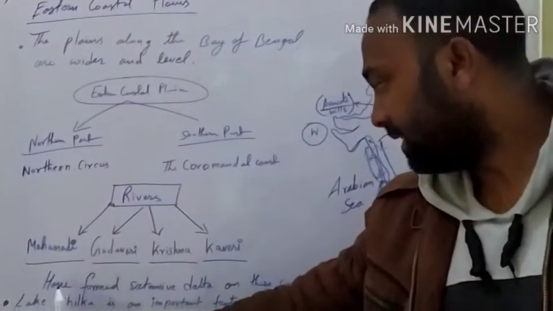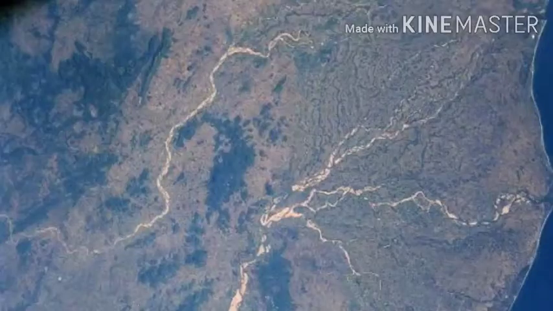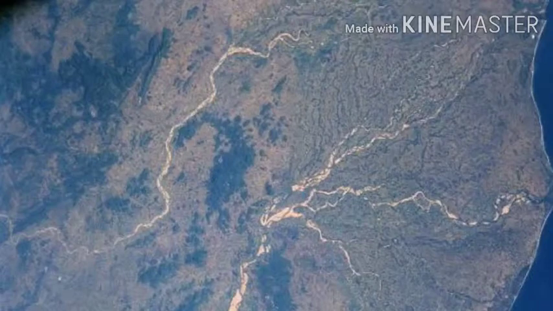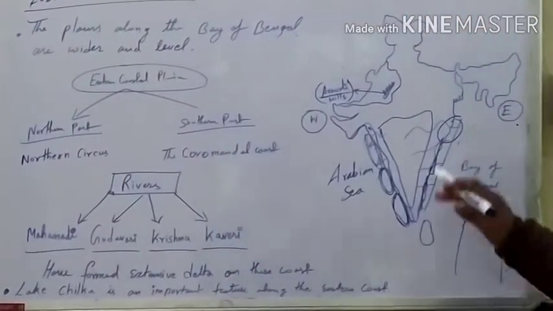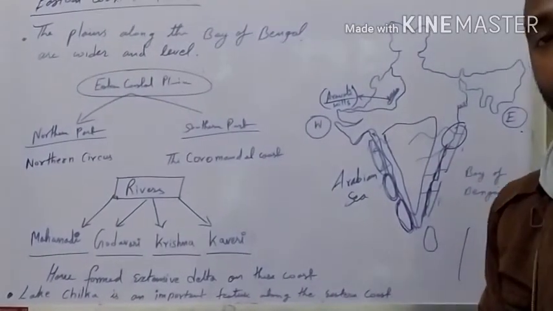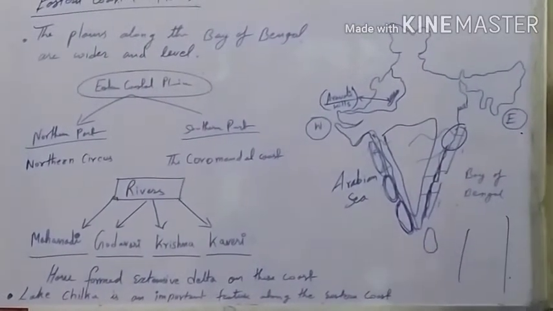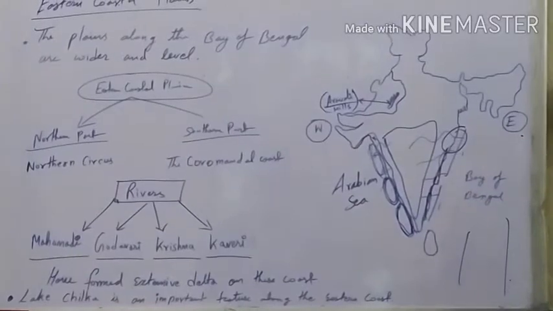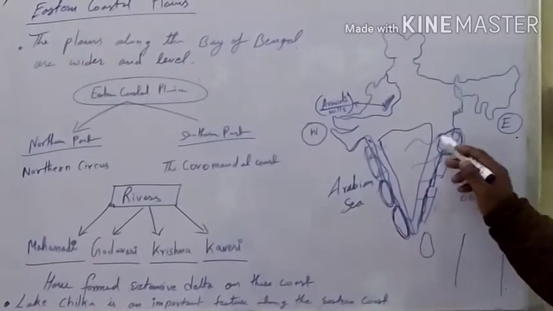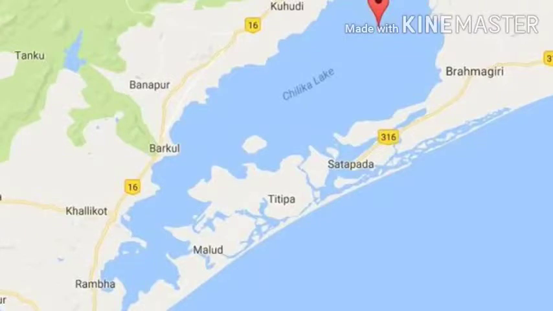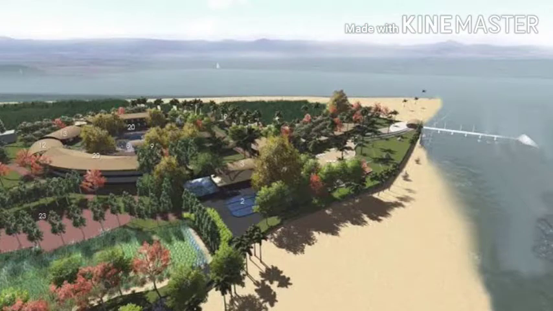These rivers have formed extensive deltas on the coast. Now in this region, one of the important features is the Chilka Lake, which is situated in Odisha, in the southern portion of the Mahanadi Delta. It is one of the most important features of the eastern coastal plain.